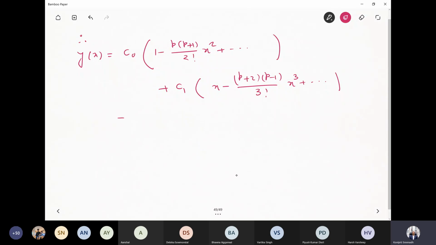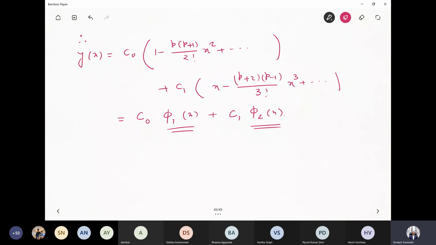So this is what we can write as c_0 phi_1(x) plus c_1 phi_2(x). Why I wrote phi_1 and phi_2 is that these two are functions which are linearly independent, because you can see that one has terms in the form of x squared, x power 4, and the other one has x cube.